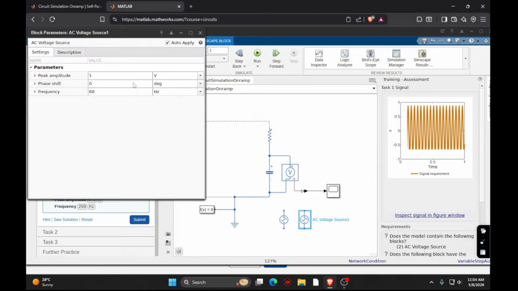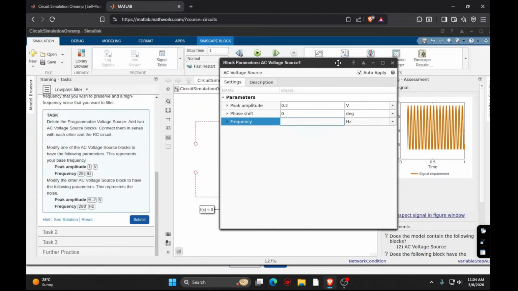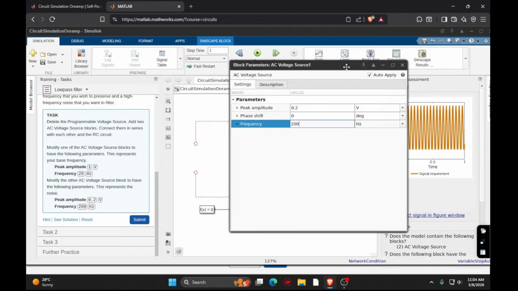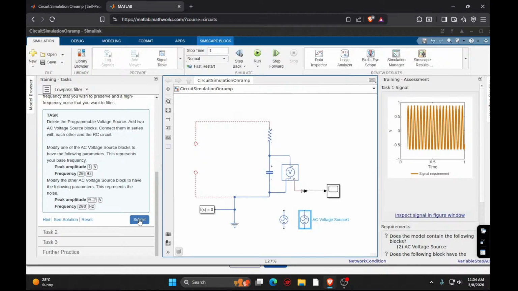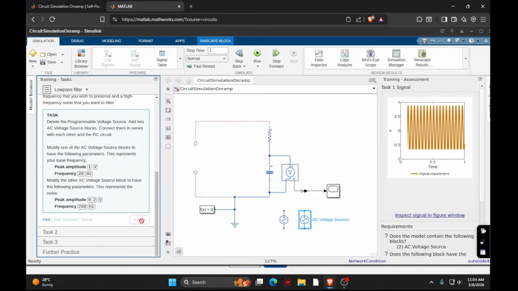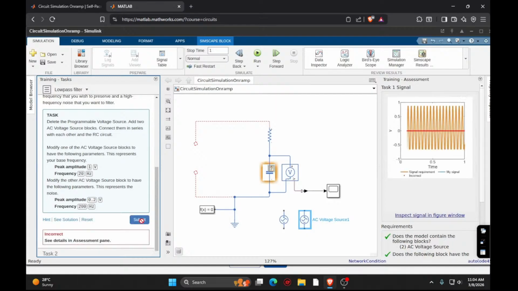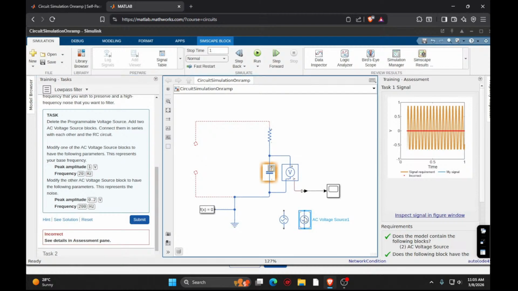The other has to be 0.2 volt, frequency of 200 hertz. Connect them in series like this, I guess. Alright.